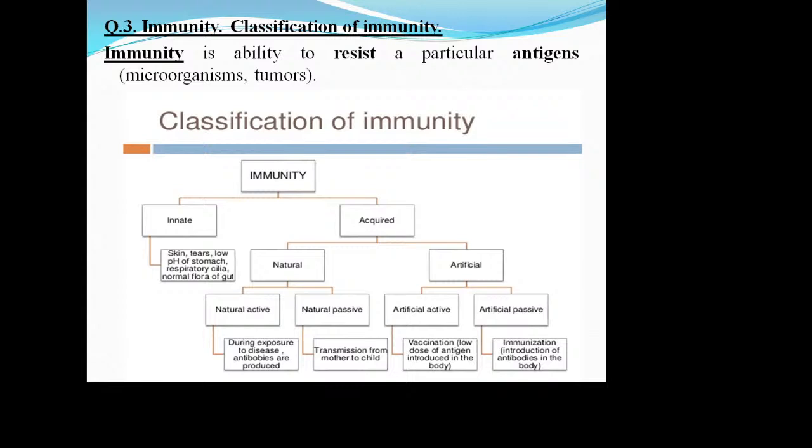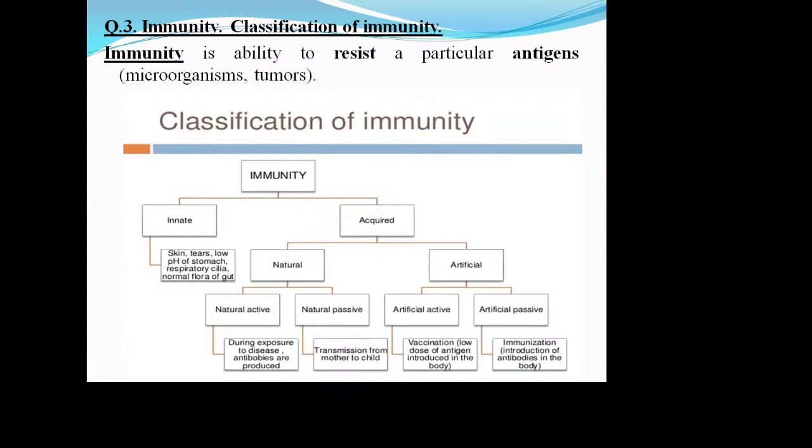The other part of immunity is artificial immunity. Artificial can also be active and passive. Artificial means that this immunity is acquired in an artificial way. Artificial active is produced by vaccination, when we inject a low dose of antigens, attenuated vaccine or killed vaccine.